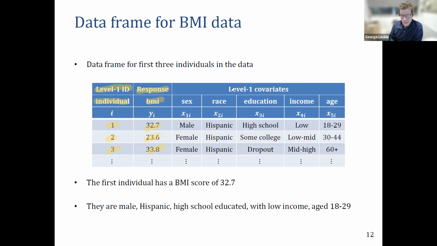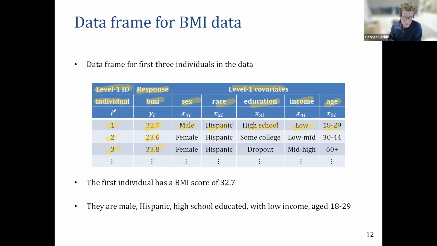And then we have level 1 covariates, characteristics of the individual as they're currently conceived. Here are 5 explanatory variables: sex, race, education, income, and age. The first individual, with their BMI of 32.7, is male, Hispanic, high school educated, low income band, and young adult, 18 to 29. We have a bit of notation as well.